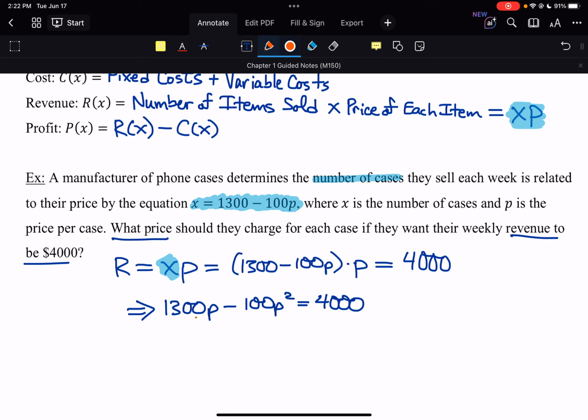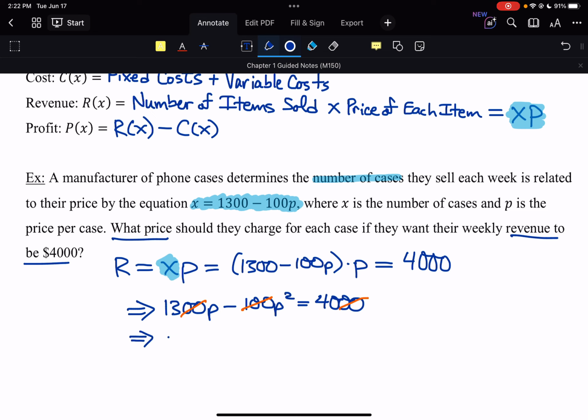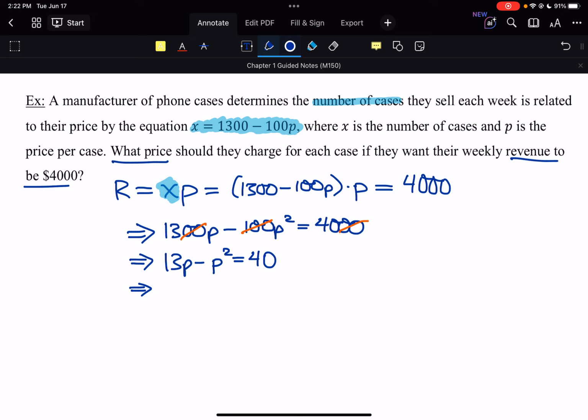Let's make these numbers a little smaller. Everything in here is divisible by 100. So let's get rid of a couple zeros on all of these. So we'll have 13p minus p squared equals 40. So we'll move everything to one side, so that the p squared is positive. P squared minus 13p plus 40 equals 0. And then we can solve this using any of our means of solution for a quadratic like this.